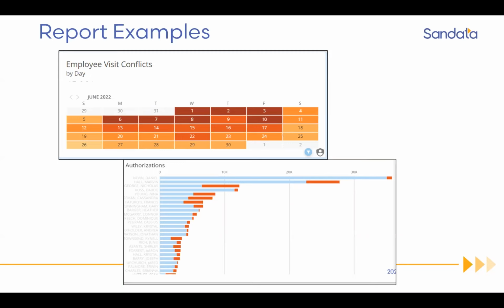And these are drillable cards here. If I click on one of these days, it will show me all the visits where there is an overlap: the same caregiver but two different clients, and there is an overlap. So it's going to show me all of those details.